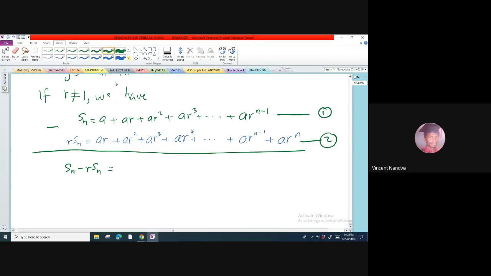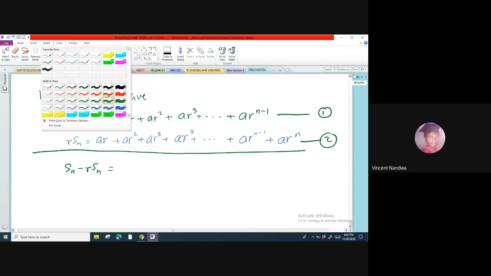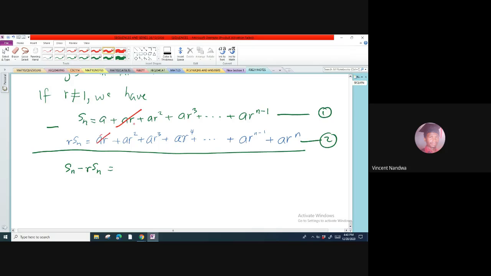In this case when you subtract, this and this cancel, this and this cancel, all these terms cancel. So we'll remain with this A and then AR power n. That will give us A minus AR raised to the power n.